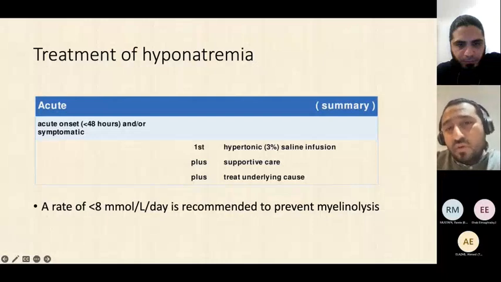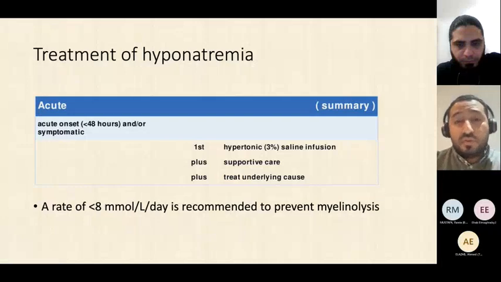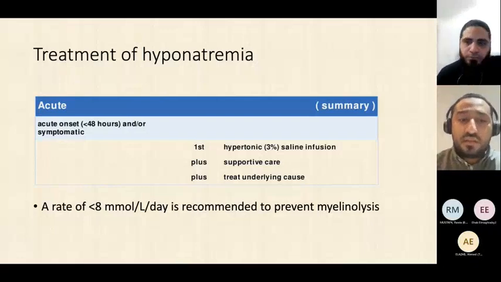Supportive care, because we are expecting the patient to have symptoms, could be having low GCS or acute confusion, and start treating the underlying cause. But bear in mind that the rate of correction needs to be less than 8 millimole per day.